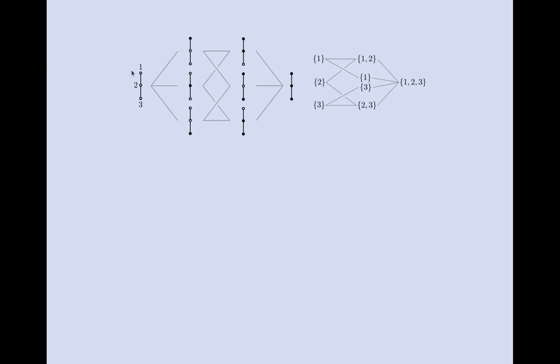So on the left we have nothing because we have no black vertex. Here we have only the first one in black, second and third. Here we have a connected component which is given by 1, 2, and here we have 2 connected components. One is 1 and one is 3. While here we have 2, 3, and here of course we have the whole thing.